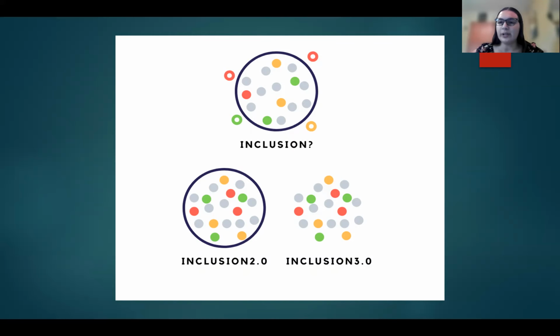But Inclusion 3.0 takes away the circle. What if we took away those barriers that prevent access to learning? That's exactly what UDL is. We're taking down barriers that prohibit students from accessing learning.